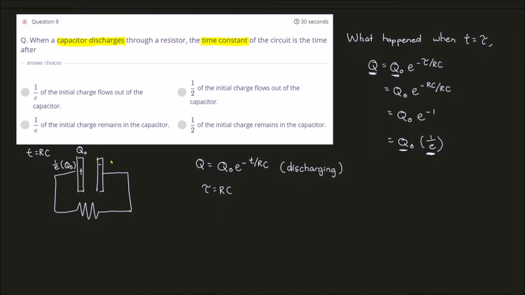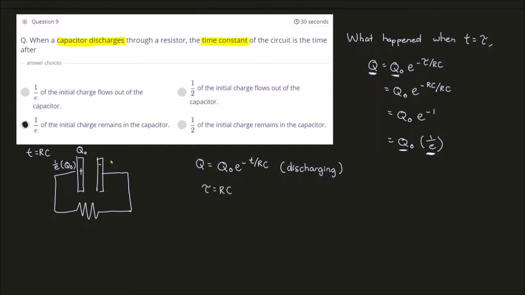So with that said, we can say that the answer will be this one, 1 over e of the initial charge remains in the capacitor. There's an initial amount of charge Q0, but when time reaches RC, you're left with 1 over e times the initial amount of charge you have at the start.